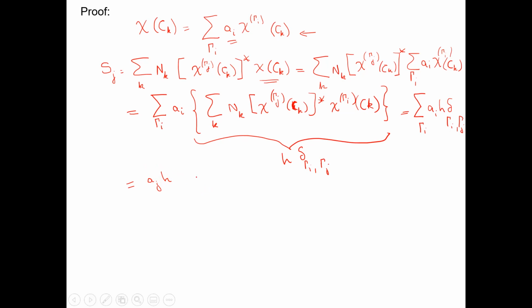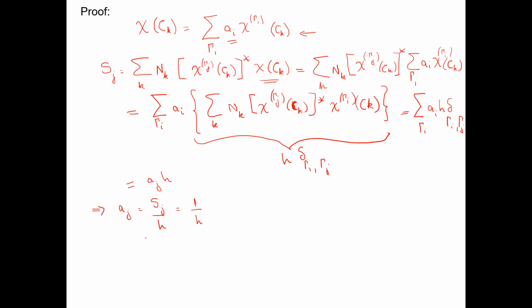So we have related this quantity, which we apparently arbitrarily wrote, to aj. Using this result, we can explicitly have an expression for the coefficients: aj is equal to Sj over h, which is 1 over h times this quantity right here.